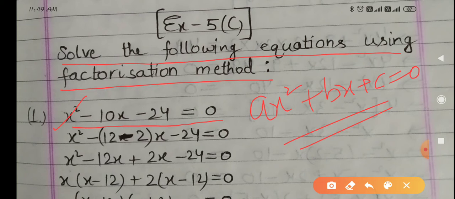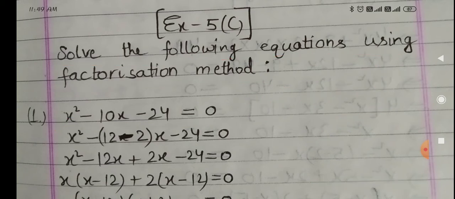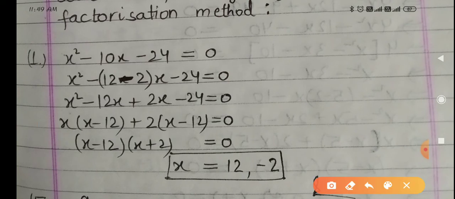So ax square plus bx plus c is equal to 0 is the standard form of quadratic equation where a, b, c are real numbers. So our equation in question number 1 is already in the form ax square plus bx plus c equals 0. Directly we have to factorize.